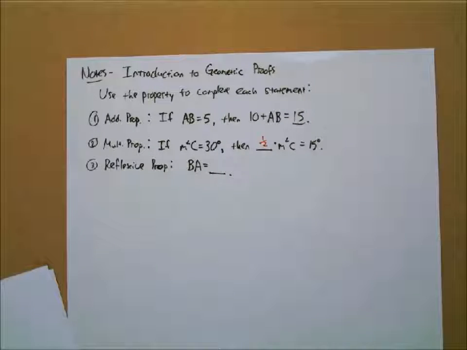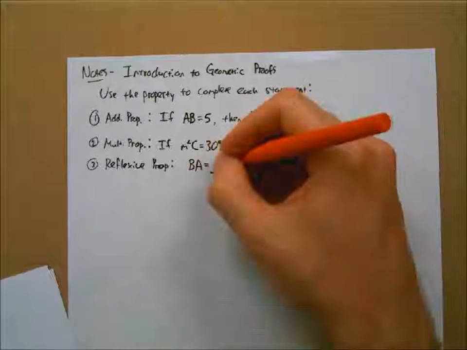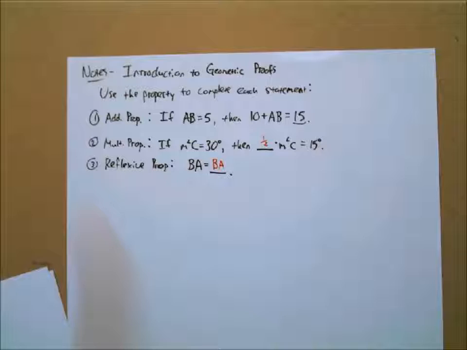According to the reflexive property, what fills in the blank there? Jake? AB? Yeah, or we can say BA again. Something equals itself. I think AB would be okay there because it is telling the same thing that way, but BA equals BA. Okay, cool.